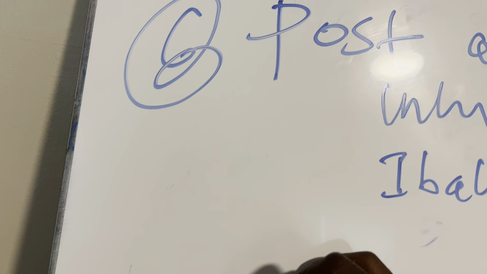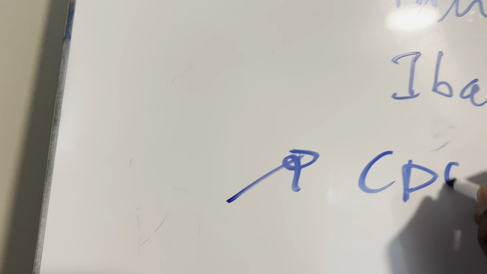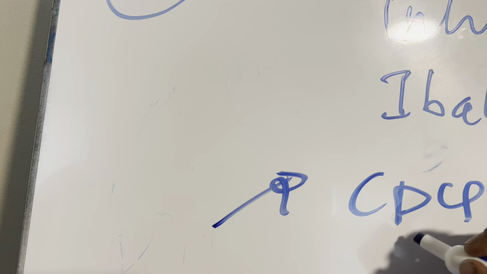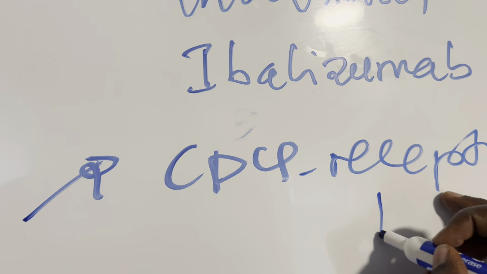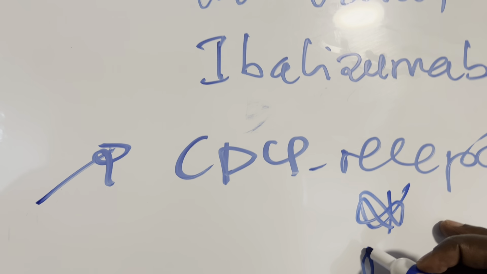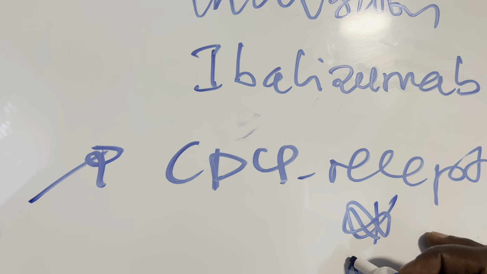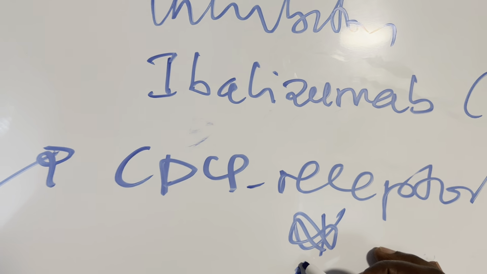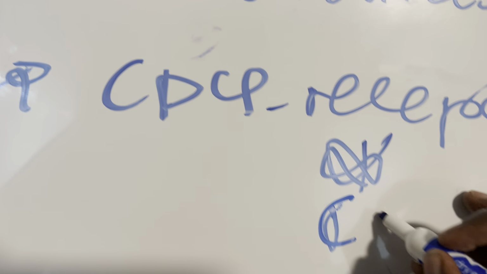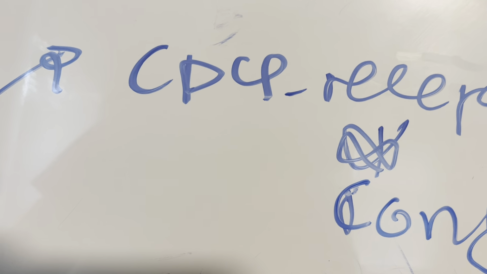Post-attachment inhibitors bind to the CD4 receptor after HIV is attached, preventing conformational changes needed for viral entry. So they bind to the CD4 receptor and inhibit conformational changes.